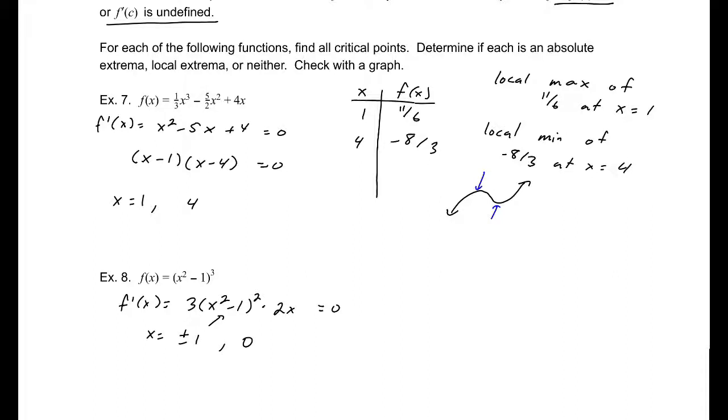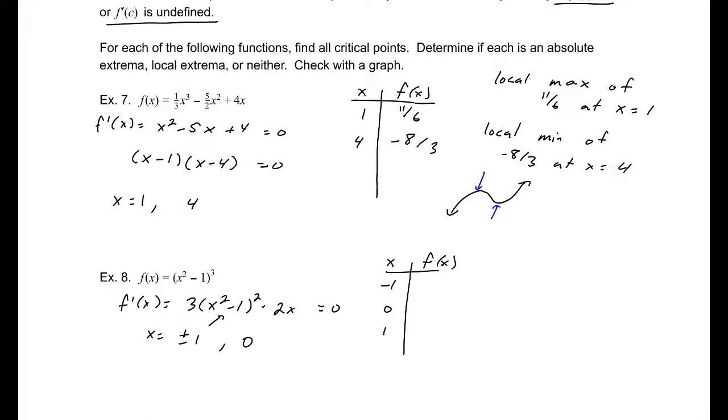So we have 3 critical points. The derivative is never undefined. All right, so let's go ahead and plug these values into a table. So x, f of x. We're plugging these into the original function. We'll evaluate this at -1, 0, and 1.